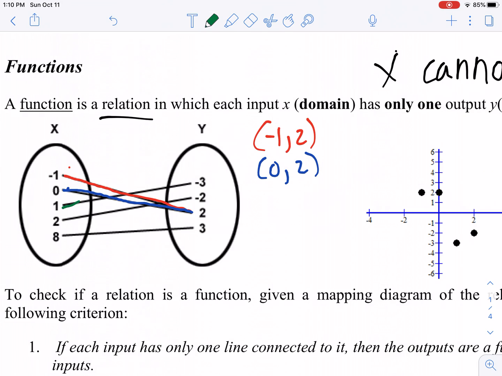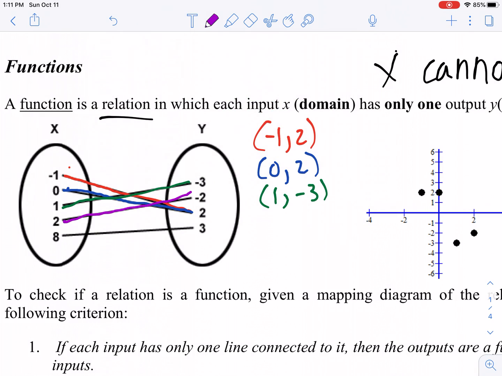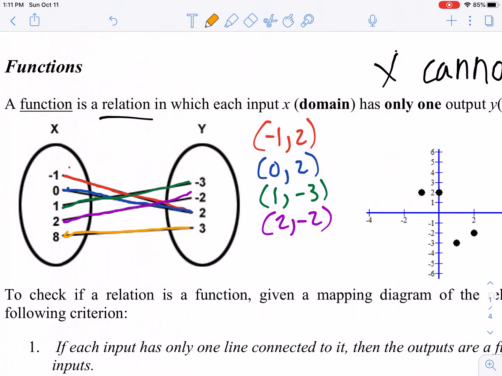Okay. Then we have 1 going to -3. Then we have 2 going to a -2. And then we have 8 being paired with 3. Okay, so that's what we see so far.